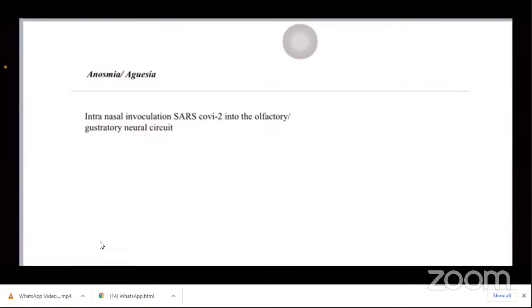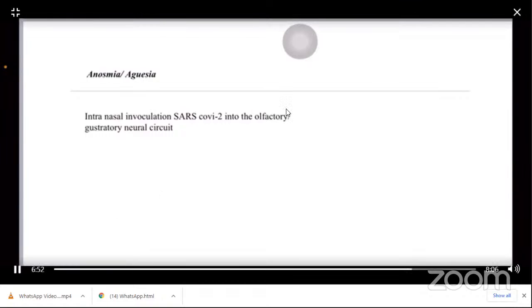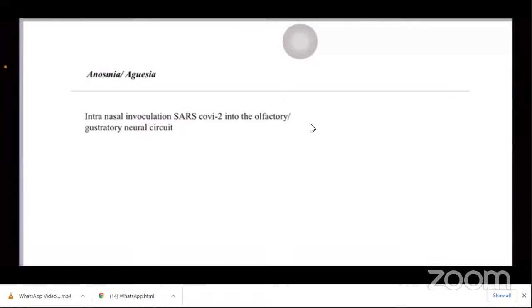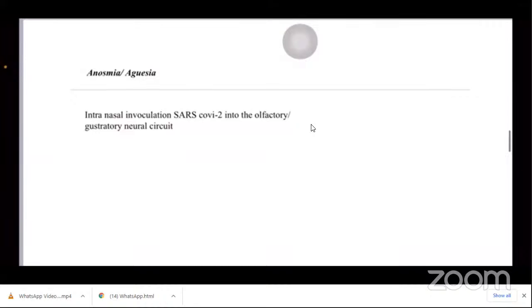Intranasal inoculation of SARS-CoV into the olfactory and gustatory neural circuit happens. The virus will go and attach to the binding sites of neurotransmitters in the neural circuits, thereby causing obstruction to the neural circuit and ultimately leading to loss of smell and loss of taste.